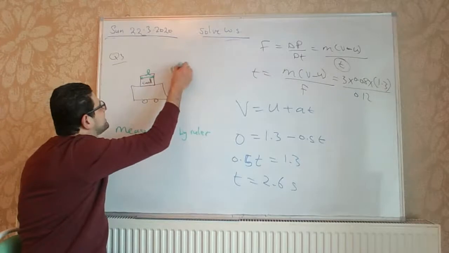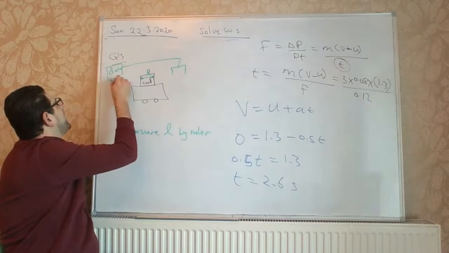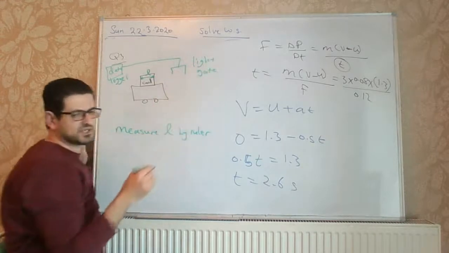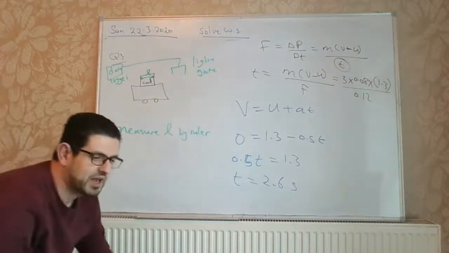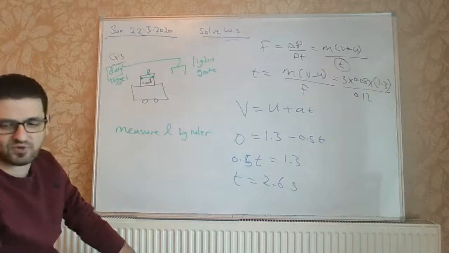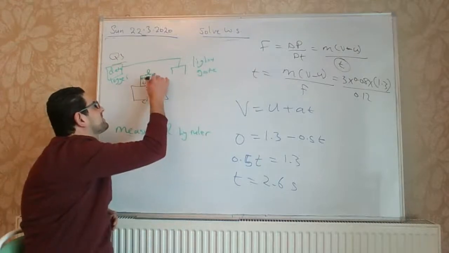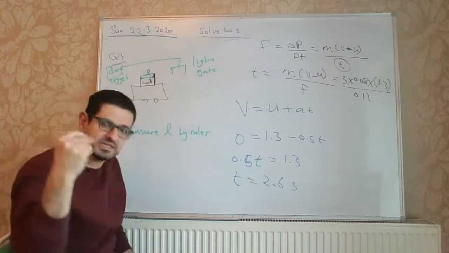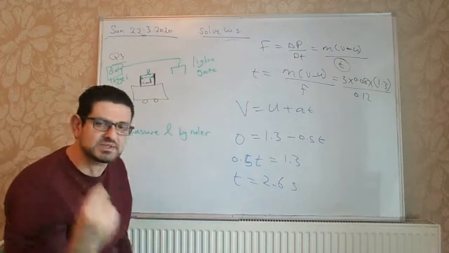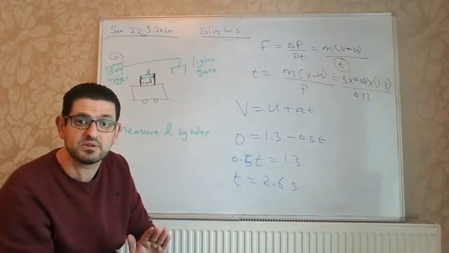Then you put a light gate here connected to the data logger. This is called a light gate. I don't know if you have seen this before, but I will try to find a video and send you a link on the group so you can watch it on YouTube. Listen, guys: once the card passes the light gate it starts measuring the time. Once the card leaves the light gate it stops. You measure the time from here to here with no human reaction error.